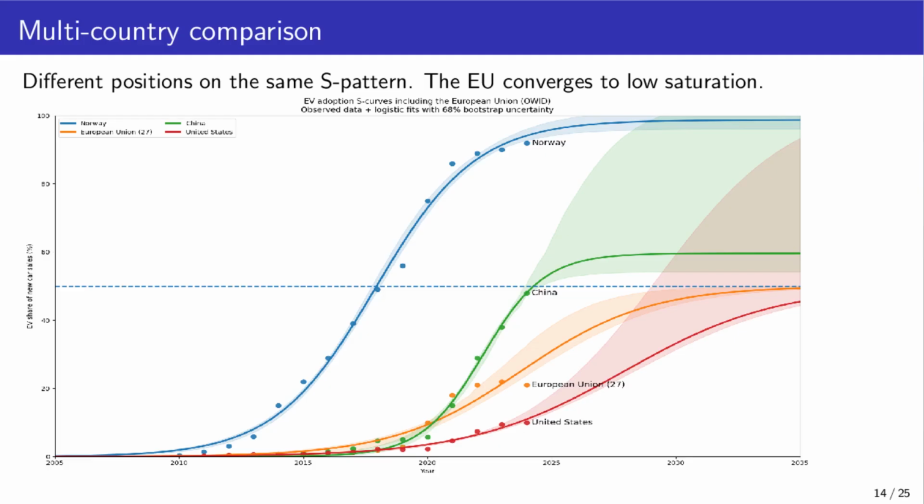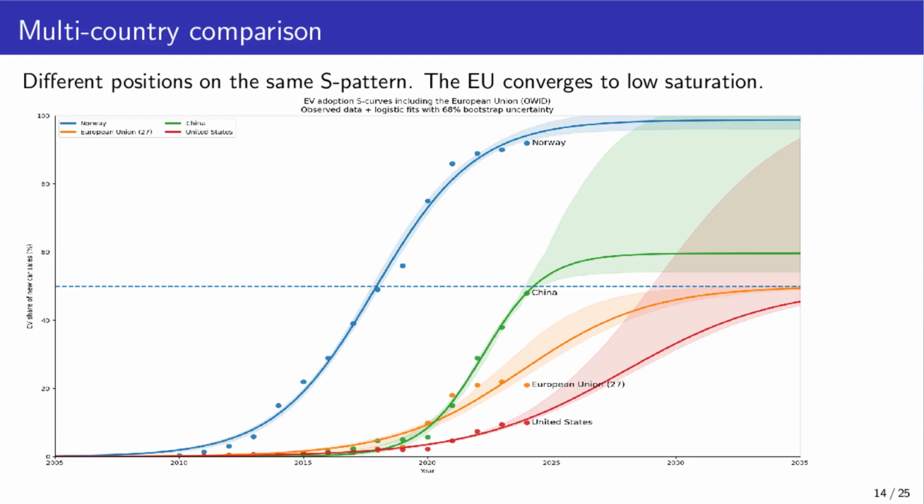Then we have the United States in red, which is right now kind of low, but we can see the uncertainty grows a lot. So with the current policies, we have a lot of uncertainty. It can easily be that they reach a very high percentage of new cars being EVs in 2035. So they become quite close to 100%.